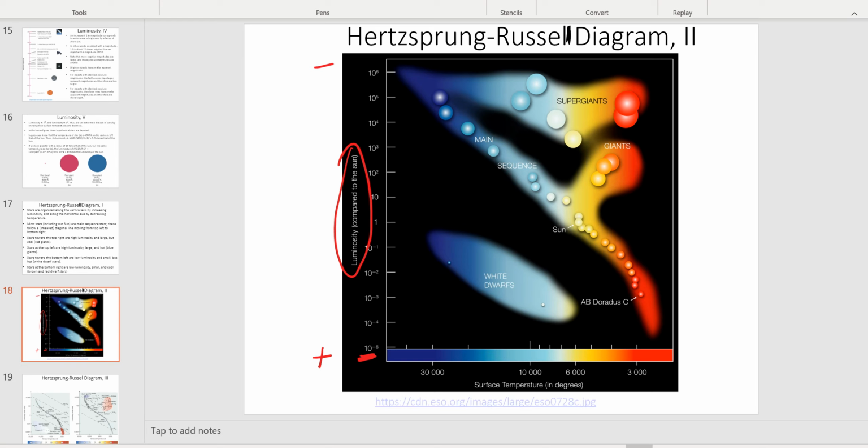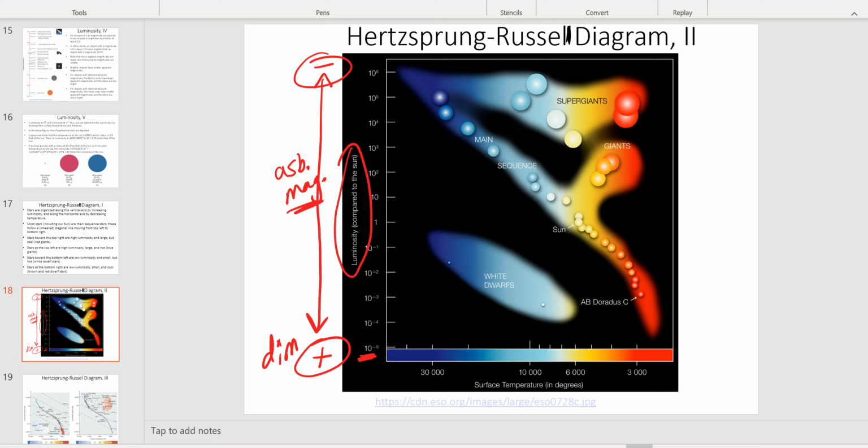So if you have an HR diagram where the vertical axis is measured in absolute magnitude, that scale we mentioned earlier, then the negative numbers will be up top and the positive numbers will be on bottom. Sorry for messing that up. Remember, negative absolute magnitudes correspond to very bright objects. So this is dim down here, and this is bright up here.